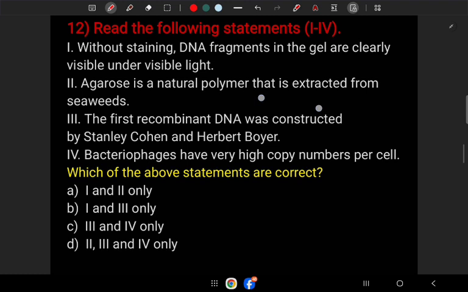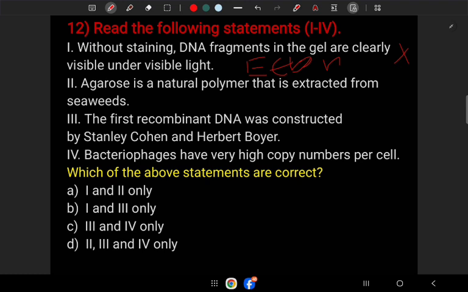Read the following statements 1 to 4. Without staining, DNA fragments in the gels are clearly visible under visible light. Not so; when you use ethidium bromide (EtBr) stain in the gel, the DNA is visible clearly. So this is wrong. Agarose is a natural polymer extracted from seaweed.